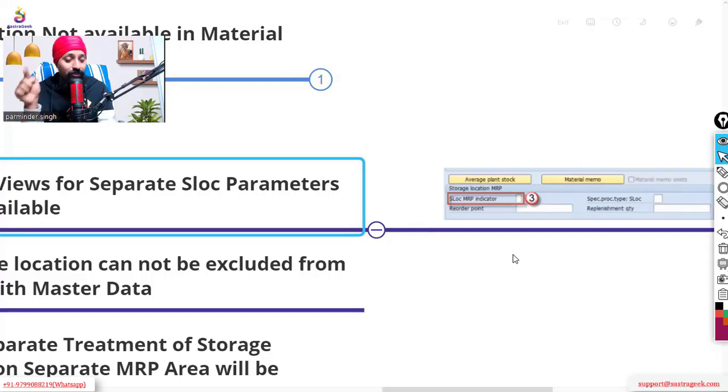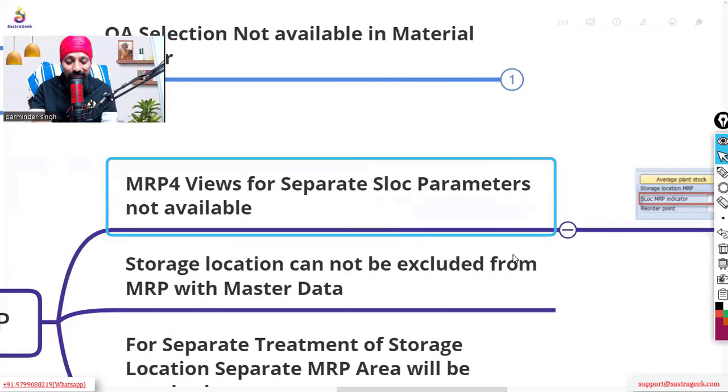The way the planning engine, which is the MRP engine, was running in ECC and the way it is running in S/4HANA is slightly different. To increase the performance, SAP has changed a lot of things, so this is linked with the performance improvement. Why the storage location MRP field was creating performance issues, we'll be discussing in detail.